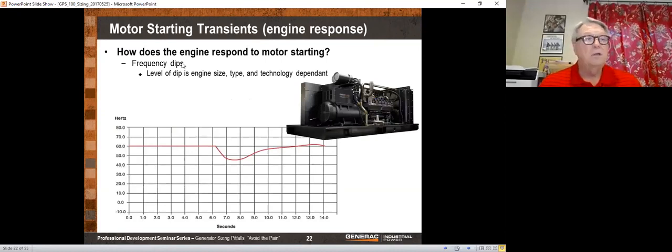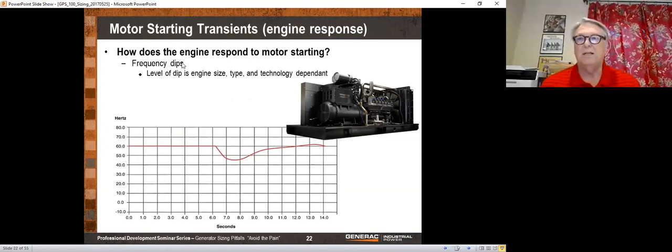Now, that was the alternator. That's the voltage. The voltage is what we care about electrically, but there is another factor here, and that is the engine. The engine's going to slow down, just like when you come to a hill in your car. And as it slows down, the governor now is going to realize that you are slowing down, and that's going to cause a frequency dip. It's going to put more fuel into the generator and bring it back to 60 hertz.